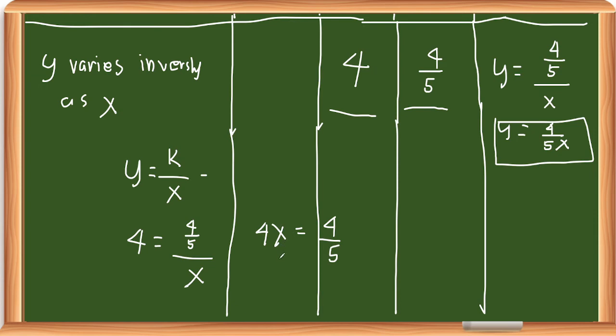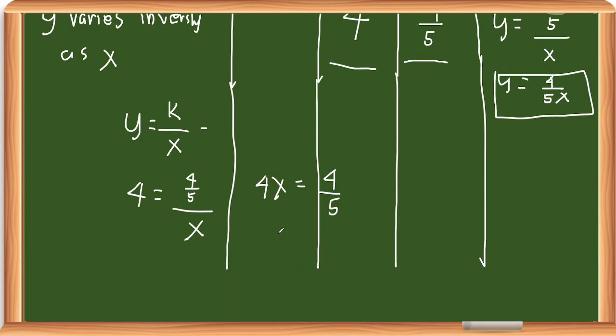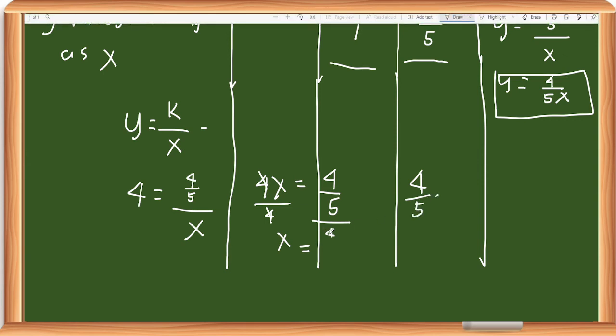Since x lang hinahanap, we have to divide both sides by 4. So, x to 4. Cancel na natin yung 4. X na lang natira. 4 over 5 divided by 4 is the same as you are multiplying. Instead of dividing, multiply ninyo 4 over 5 times yung reciprocal nitong denominator mo. Kasi multiply natin, no?